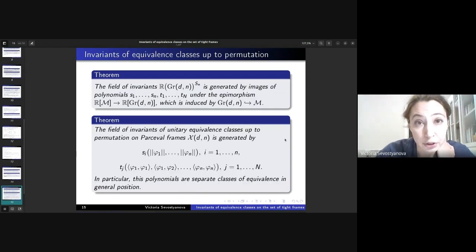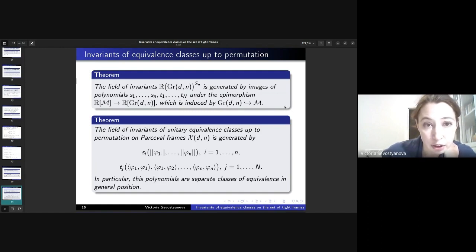Now we can continue the result to the case of Parseval frames. If we replace the set of symmetric matrices by the set of Gram matrices of Parseval frames, we have the first theorem of the frame.